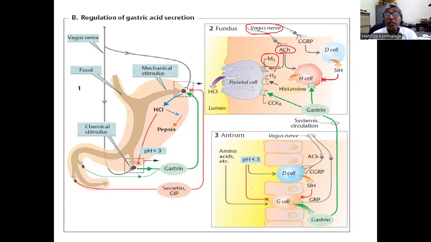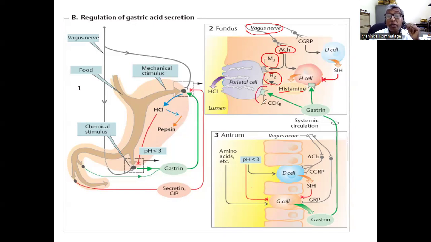Then we have another receptor we call the H2 receptor and a substance called histamine. I'm sure you learned histamine in the blood module, even in the foundation module, and histamine will act on the H2 receptor. So that's the second receptor.